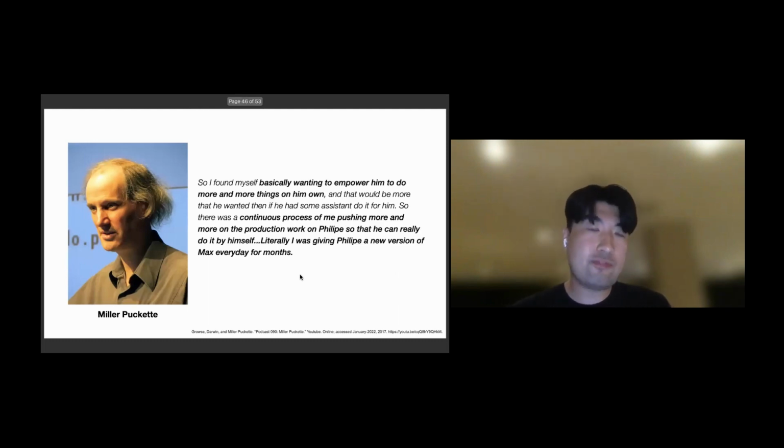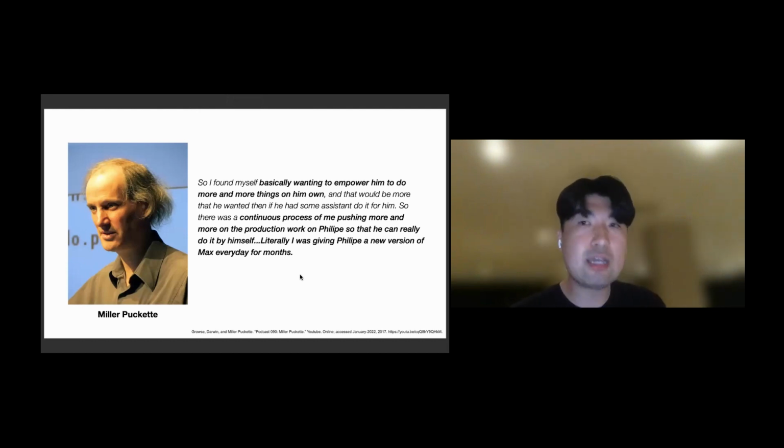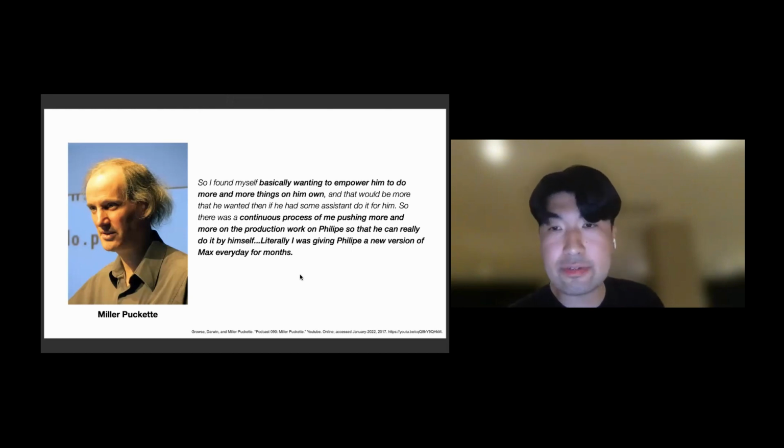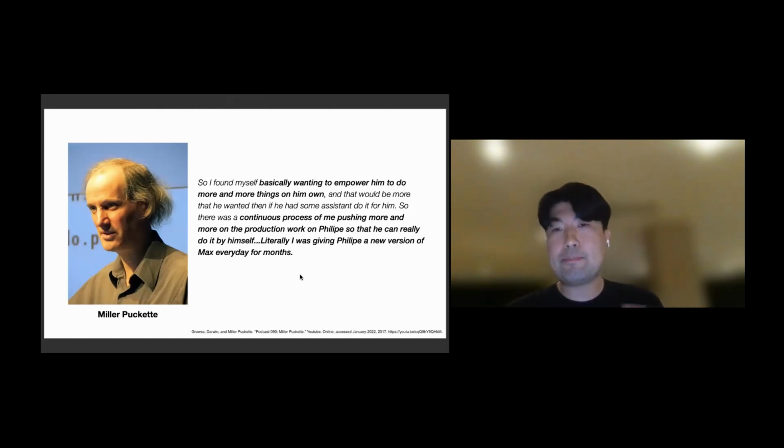Therefore, what Puckette focused on when working with Manoury was not to provide technical capabilities, but to empower him to have more control over it. This led to a more cyclical, iterative design and development process that empowered Manoury. Puckette says, literally, he was giving Philippe a new version of Max every day for months.